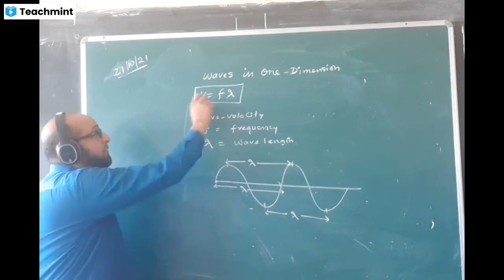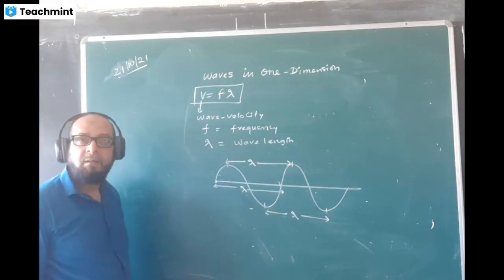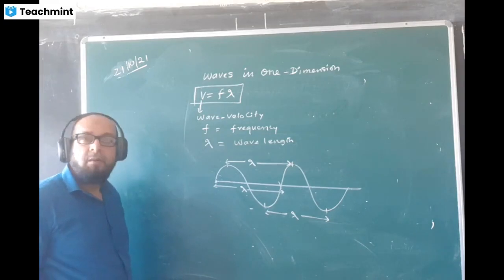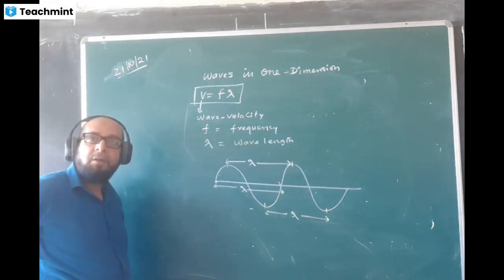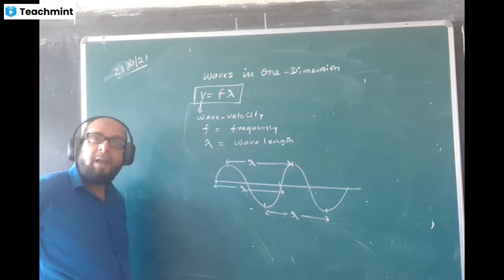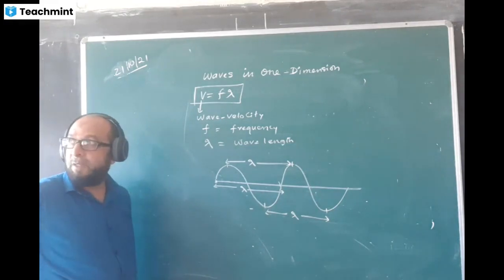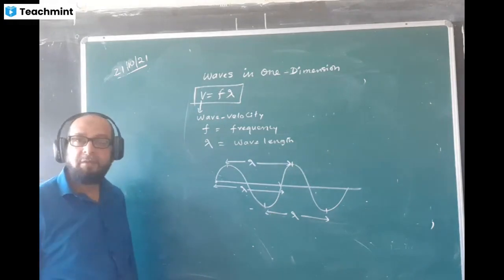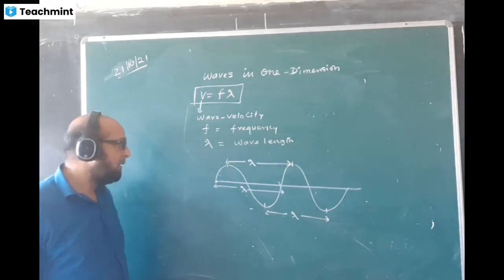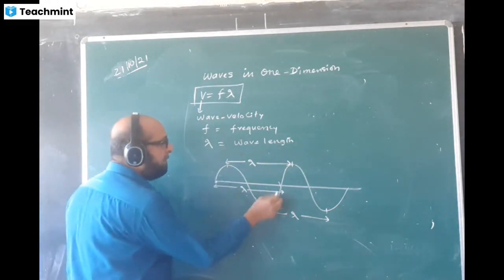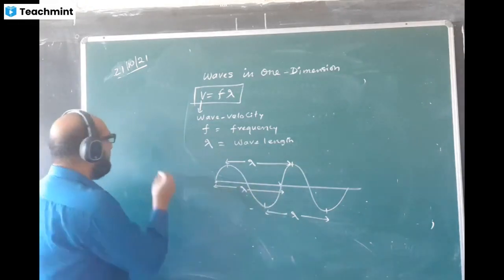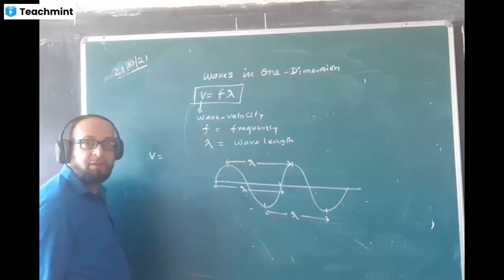Why do we have the formula V is equal to F lambda? This is a simple logic. What is called time period? Time to complete one oscillation. That is the time of the formation of one wave. From here till here, the time taken is called time period. The velocity formula is distance upon time.